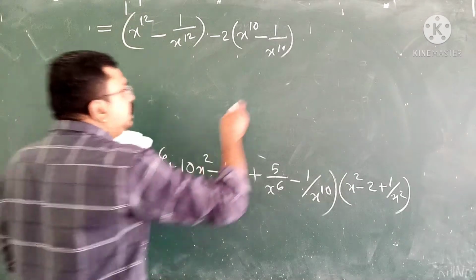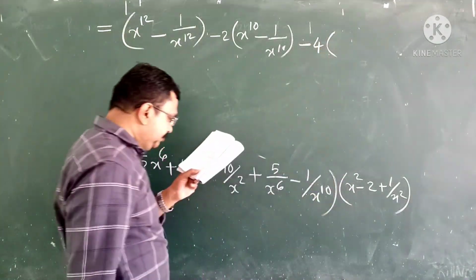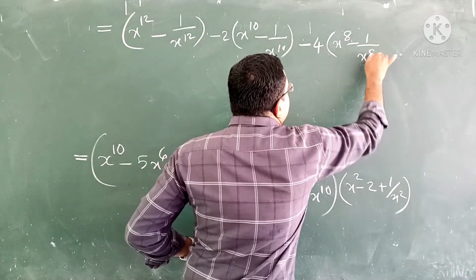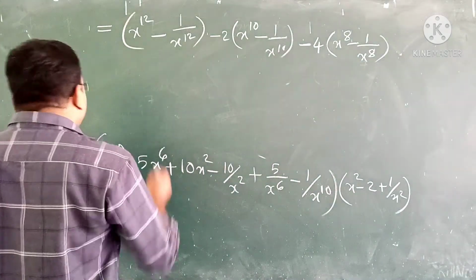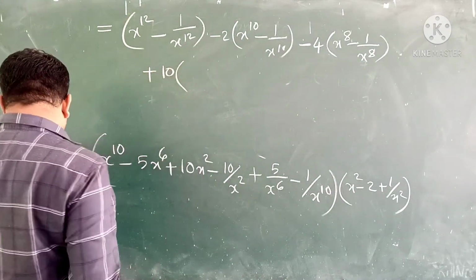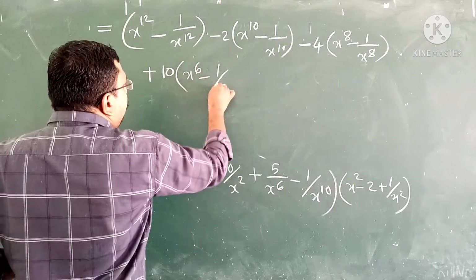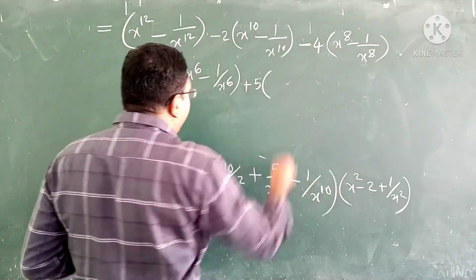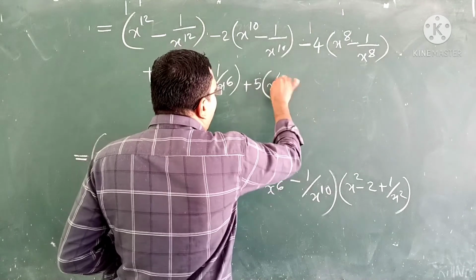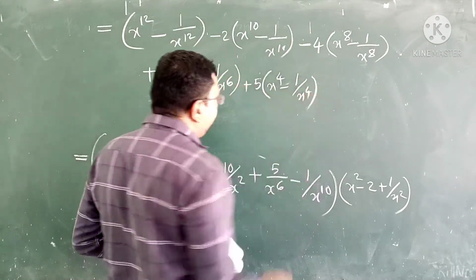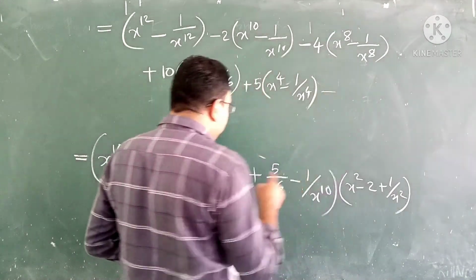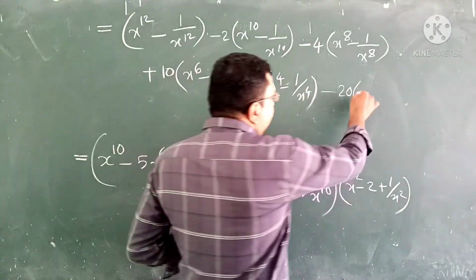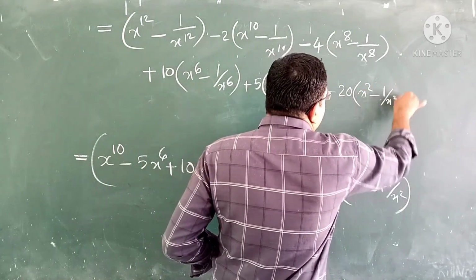And the third term, next one is minus 4 into x raised to 8 minus 1 by x raised to 8 plus 10 into x raised to 6 minus 1 by x raised to 6 plus 5 into x raised to 4 minus 1 by x raised to 4 minus the last term is 20 into x square minus 1 by x square.